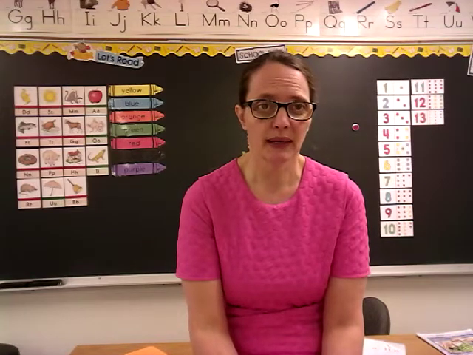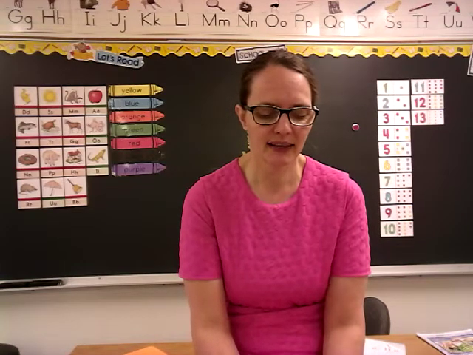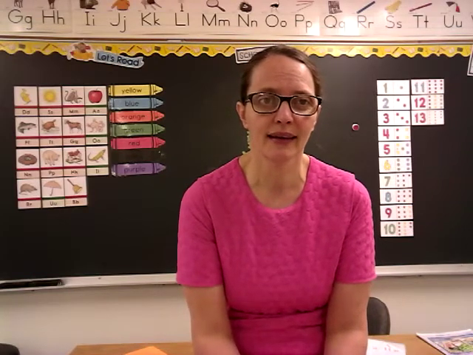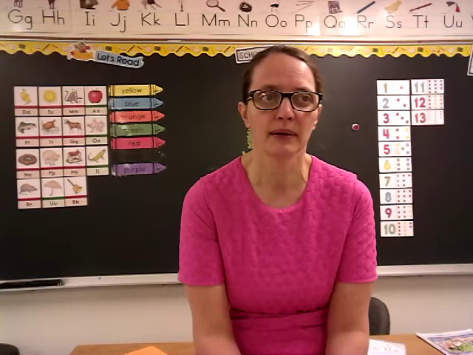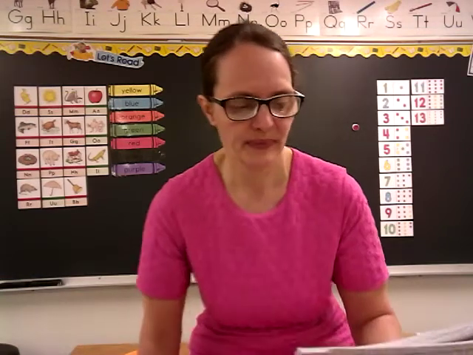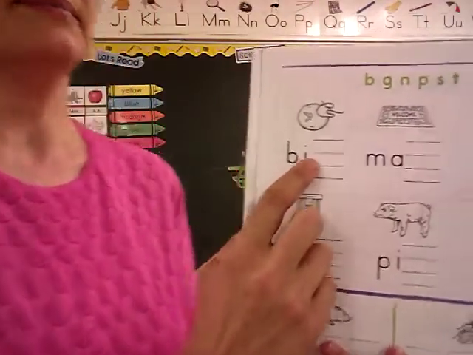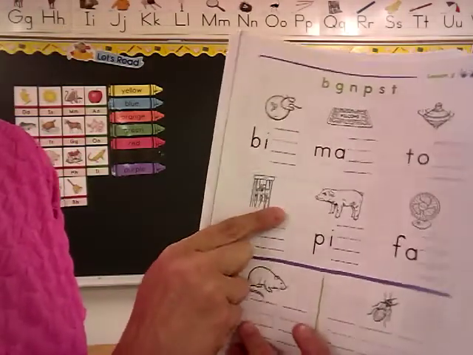Did you put the B, the one we had today? Bib. Hear it at the end? It's at the beginning and the end. Bib. Can you hear that? B-I-B is bib. Let's go on to the next one.